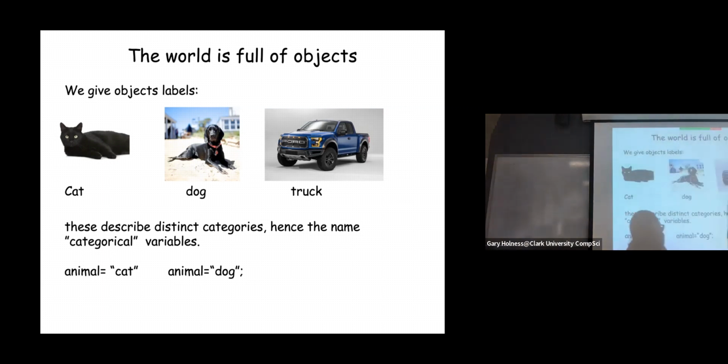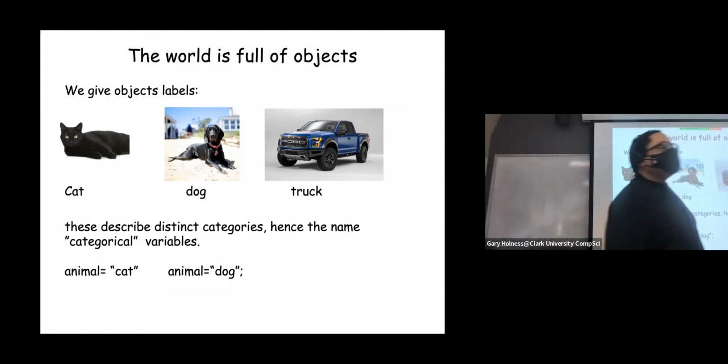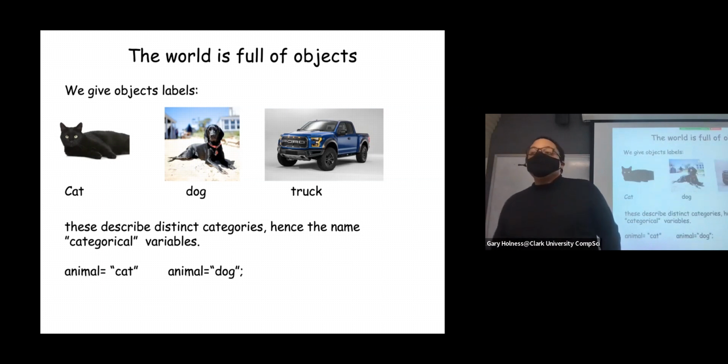And for categorical data, the counterexample are those types of categories that do have a natural ordering. The example we gave was movie ratings. They're categories, yes, but they do have a natural ordering.